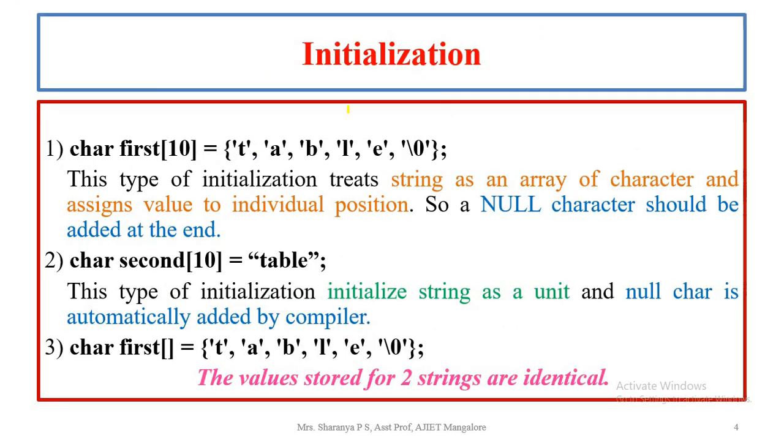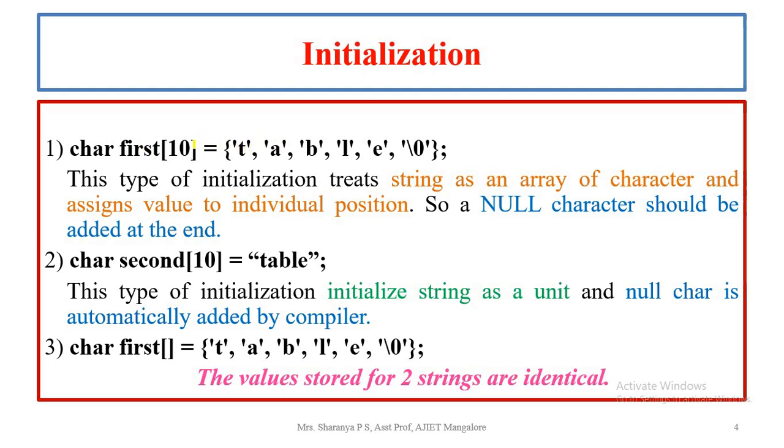The next step is initializing, that is, setting some values to the string that we have declared. Here, char is the data type, first is the string name, and 10 represents the size of the first string. That is, a total of 9 characters we can store in the first string.